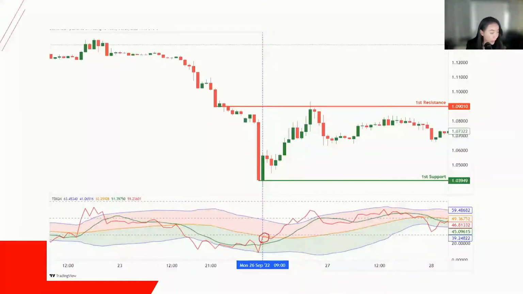It's giving us the signal to buy, so we can buy from here and take profit towards the first resistance. Or we may also see this one, the green line crossing the red from below. It's also giving us the signal to buy. So you can see all the indicators sometimes just add more confluence to whether we should long it or short it.